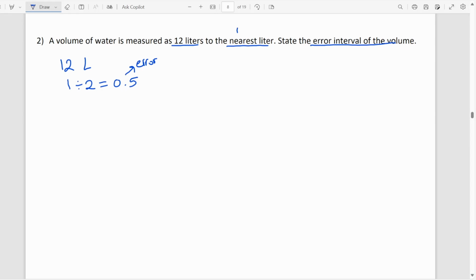Now the question is asking for the error interval. To find that, we firstly find the upper bound and the lower bound, and then write the error interval. The upper bound is going to be 12 plus 0.5. That gives us 12.5. And the lower bound is 12 minus 0.5, and this gives us 11.5.